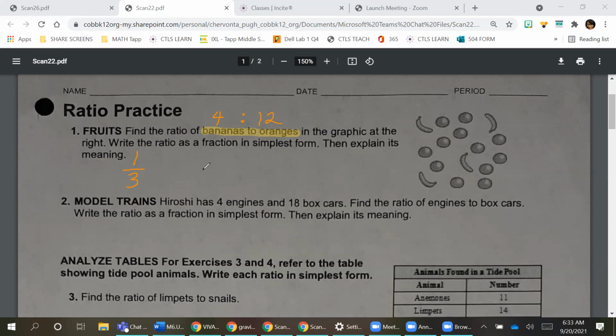And now it asks me to explain its meaning. So that means that for every banana, there are 3 oranges.